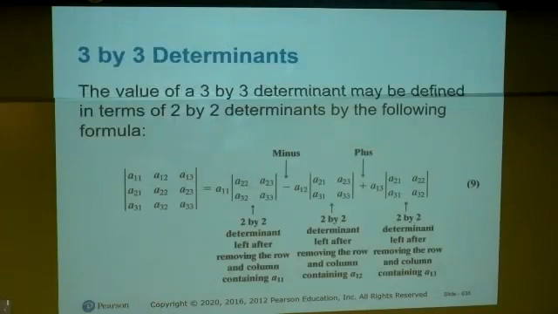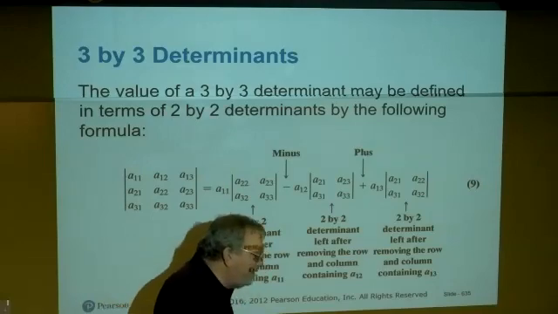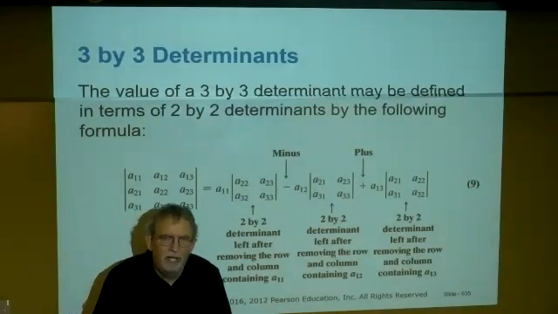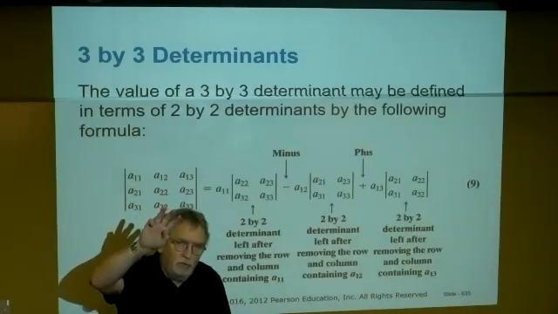Now, finding the determinant of a 3 by 3 matrix. So this is when we use this process to find the solution to a system of equations with 3 unknowns.